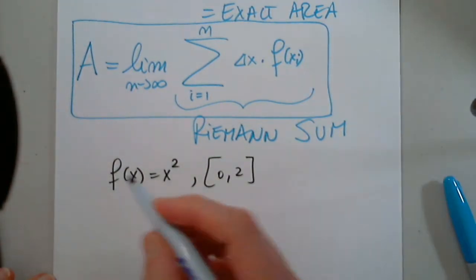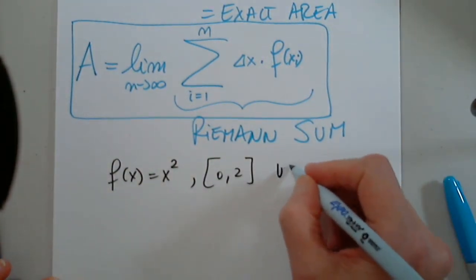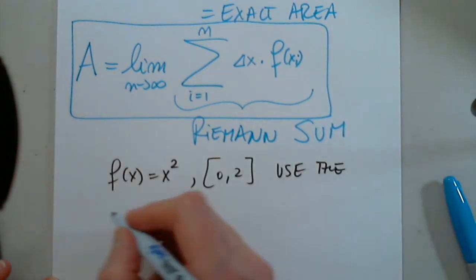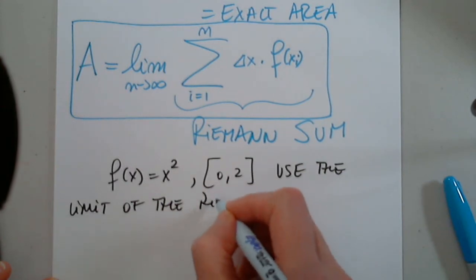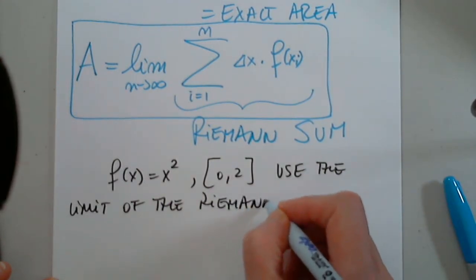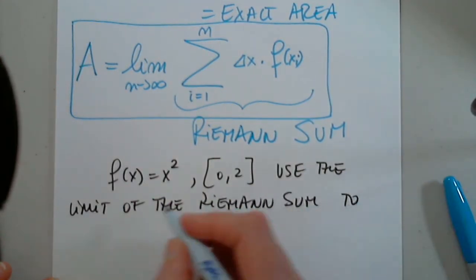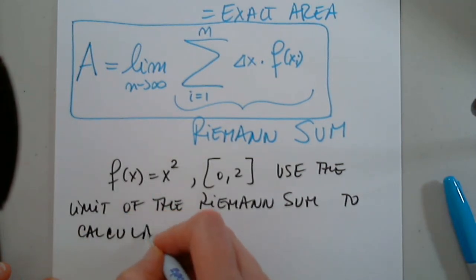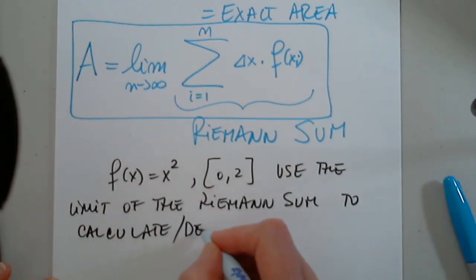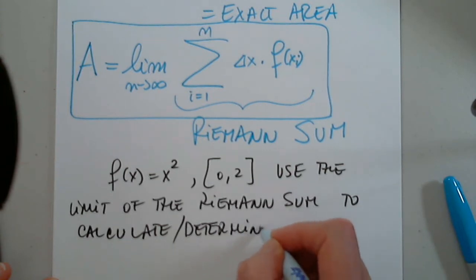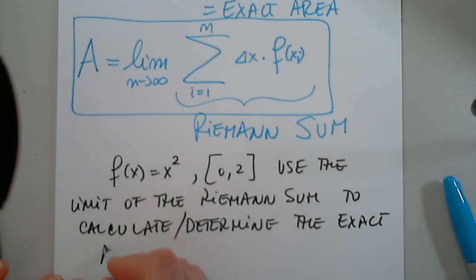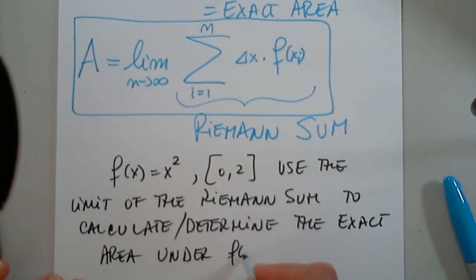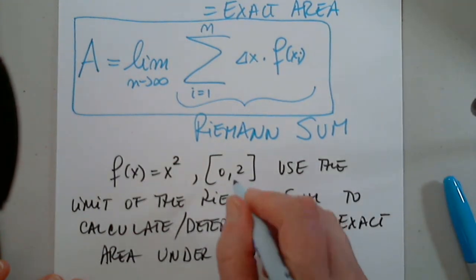So the question here is, use the limit of the Riemann sum to calculate or determine the exact area under f of x on 0 to 2.